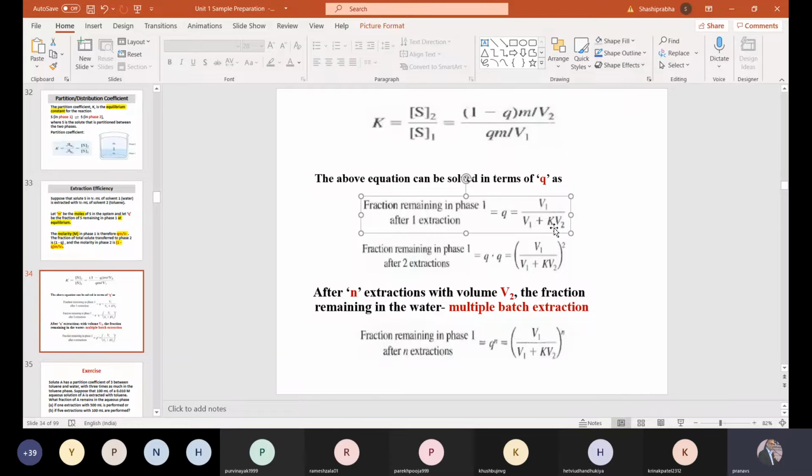This is important. It is independent of concentration. So this expression tells us this, Q.